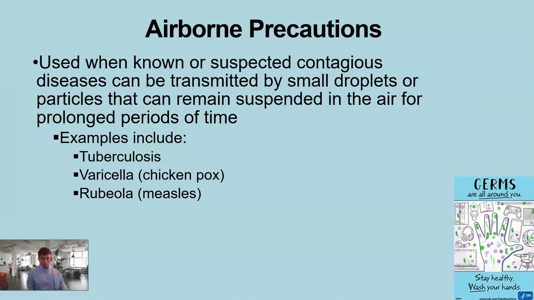Moreover, the department where the patient is being transported should be notified about the precautions before the transport occurs. This really takes a win-win, setting everyone up for success approach between unit and unit, and the handoff communication is critical. Examples here include tuberculosis or TB, chickenpox, which is your varicella virus, and measles or rubeola.